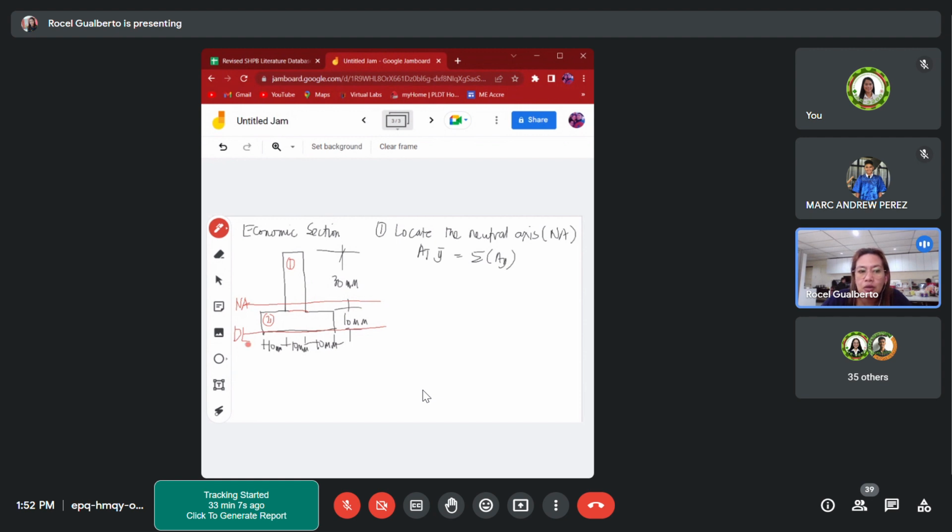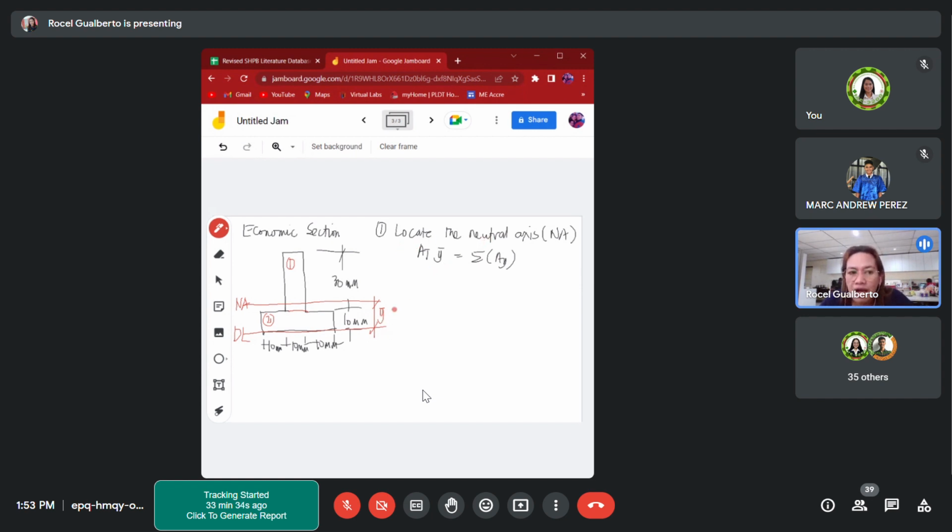When we say the neutral axis, it would be at a distance y bar from your datum line. So, pag tinanong sa atin, nasan po ba yung neutral axis? It is at a distance y bar mula sa ilalim, which is set as our reference or datum line. Ito po yung hahanapin natin when you locate the neutral axis.